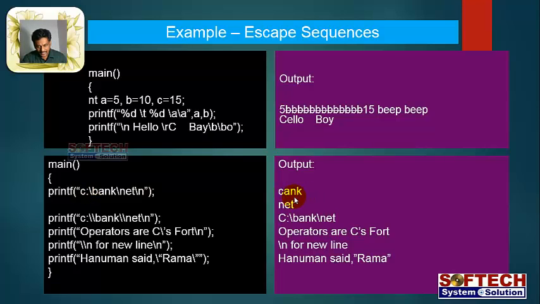It will not display C:\bank\net, where \n is for new line. It displays CANK, then net. But here the string is C:\bank\net\n, yet the output is different.